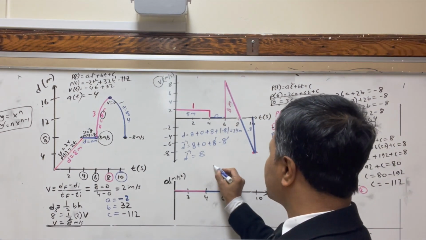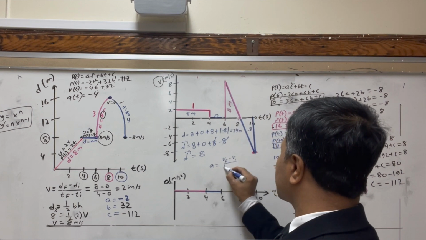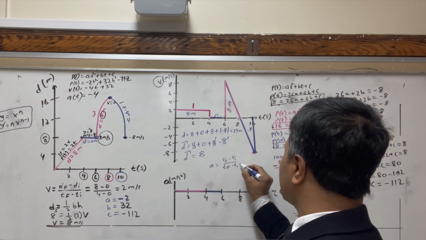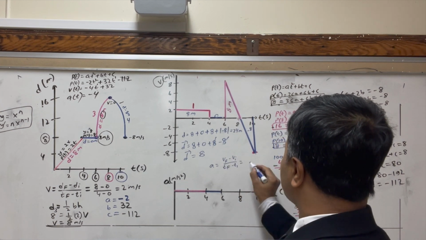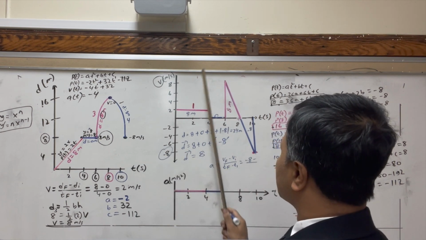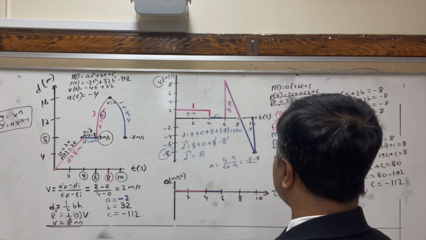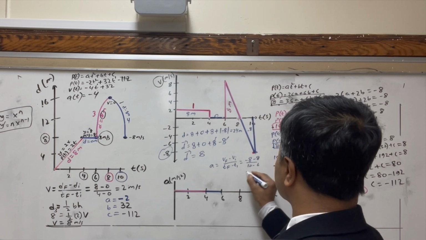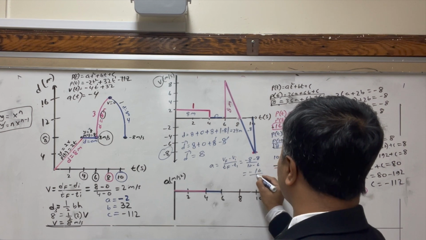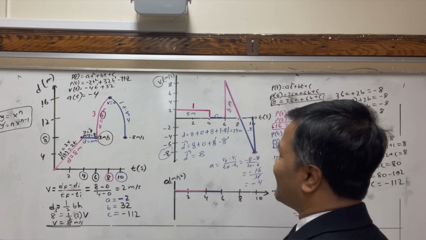So acceleration is velocity final minus velocity initial over t final minus t initial. Velocity final is negative 8. Velocity initial is 8. T final is 10 minus 6. So minus 16 over 4. So this is minus 4.